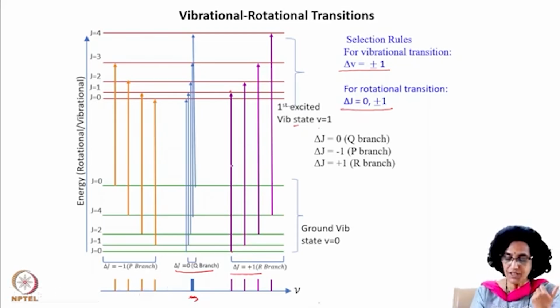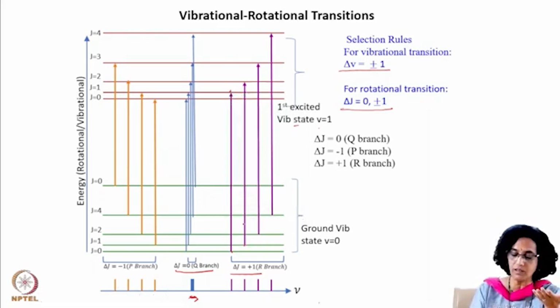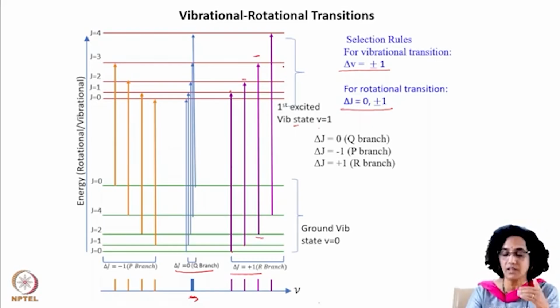So the energy required for excitation from J equal to 0 to 1 is less than that required for exciting from J equal to 1 to J equal to 2, which is further less than from J equal to 2 to J equal to 3. That is because of the increasing rotational energy gap.